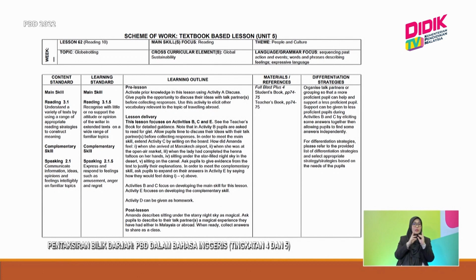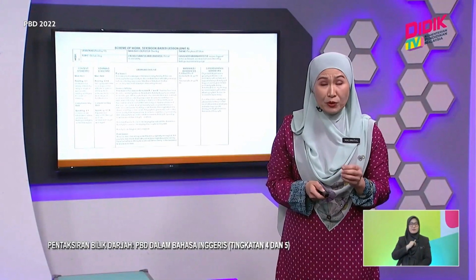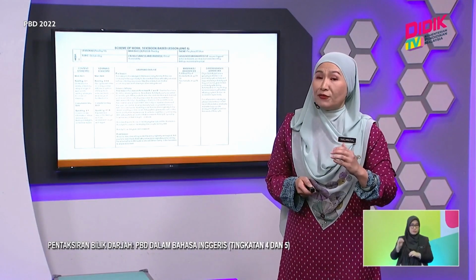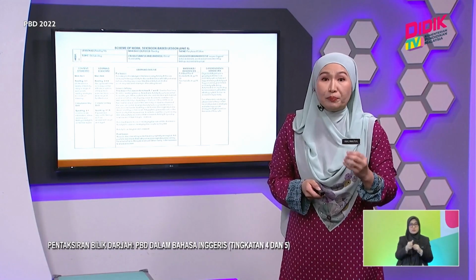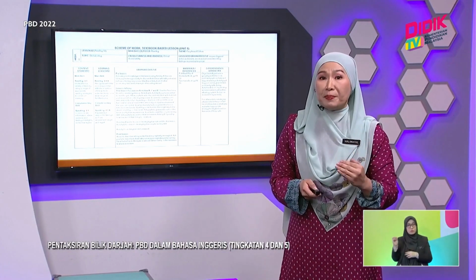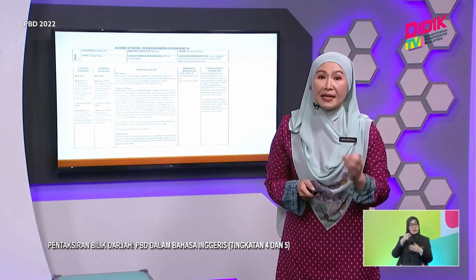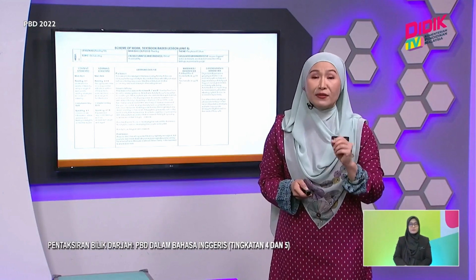So teachers, if you want to assess a few of your pupils, especially the more able ones, to see if they are able to produce and improve their TP for speaking, by all means, please do so. But for today, I'm only going to focus on the reading skills.